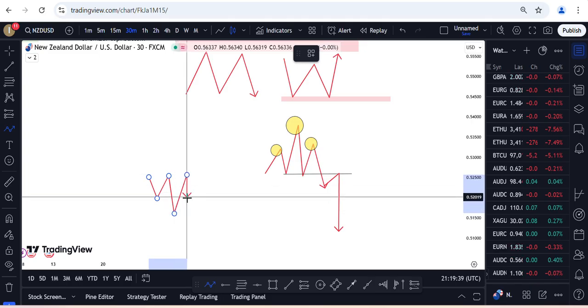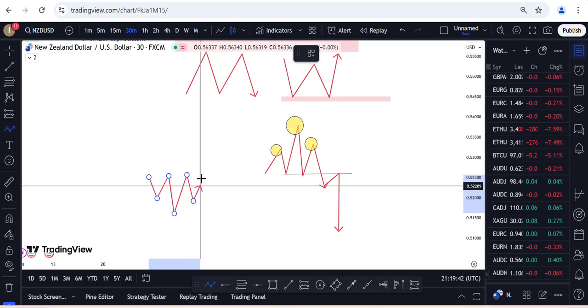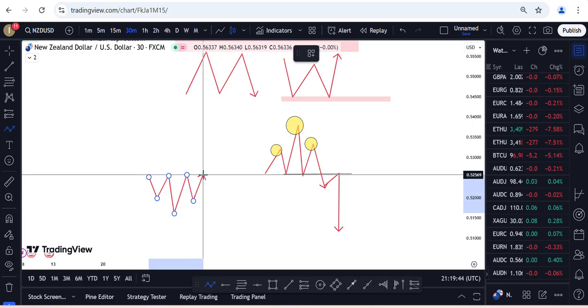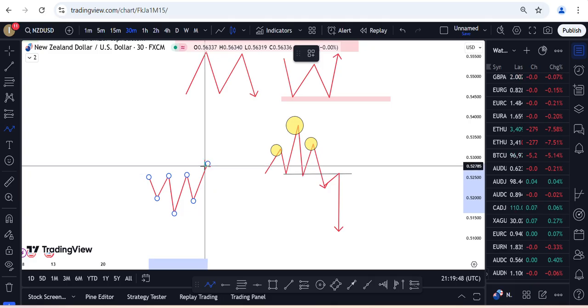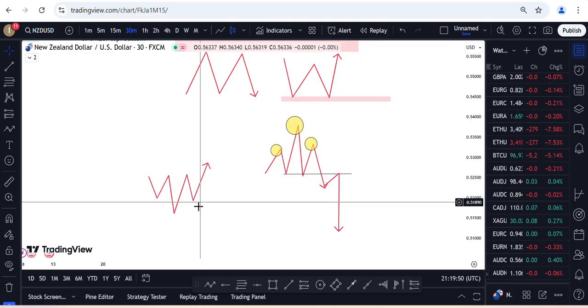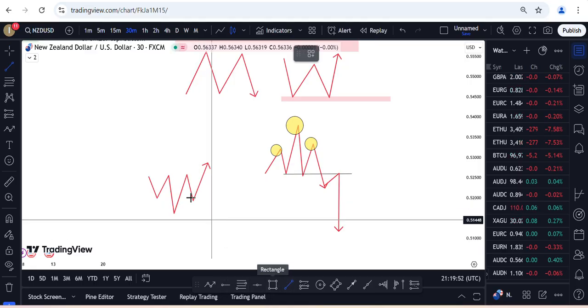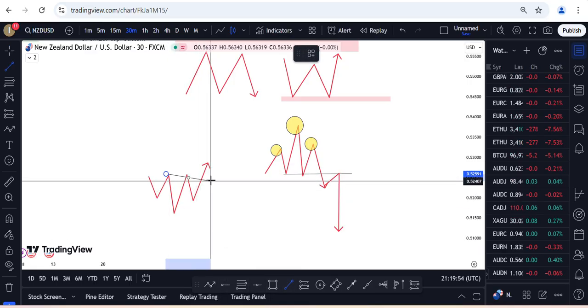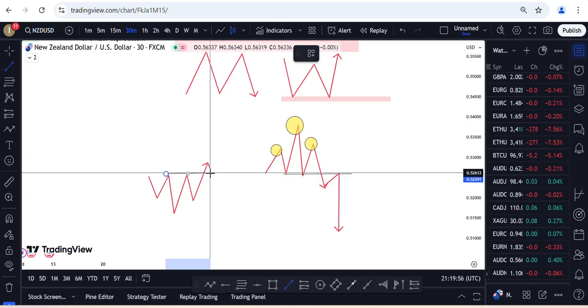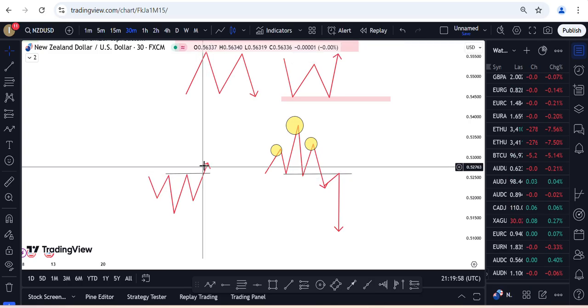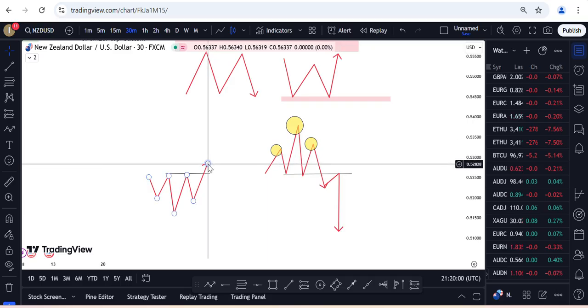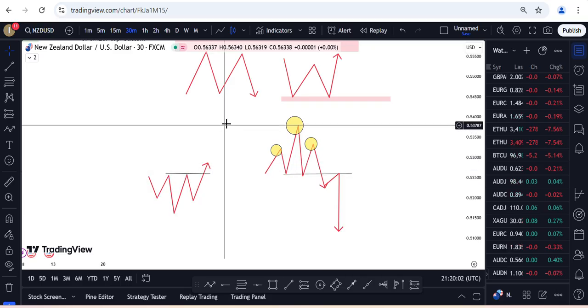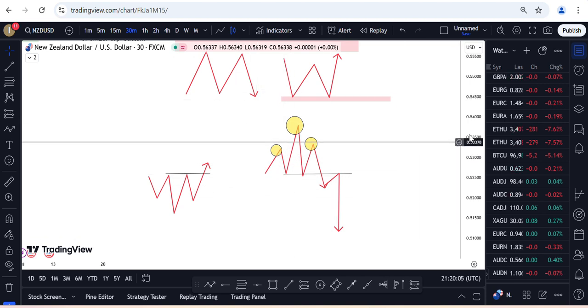Comes back. Create another shoulder. And goes back all the way. So this is the neckline. When price breaks the neckline, you now anticipate a buy. This is an inverse head and shoulder. You now anticipate a buy by retesting here and then going all up.